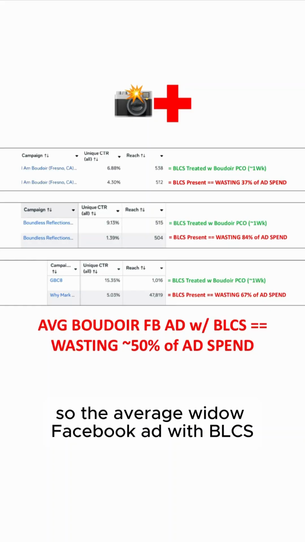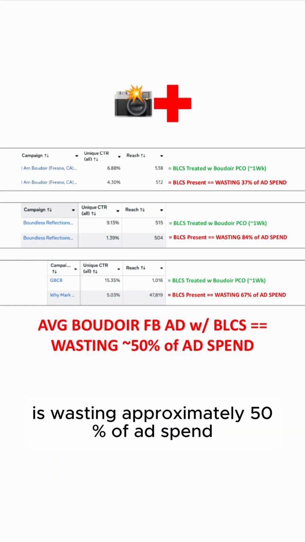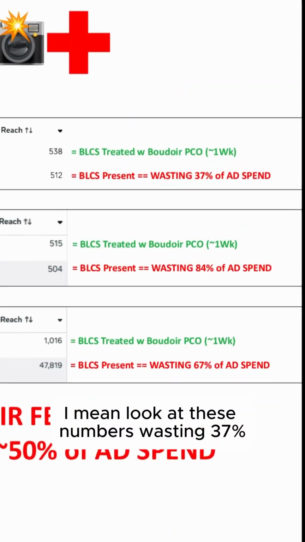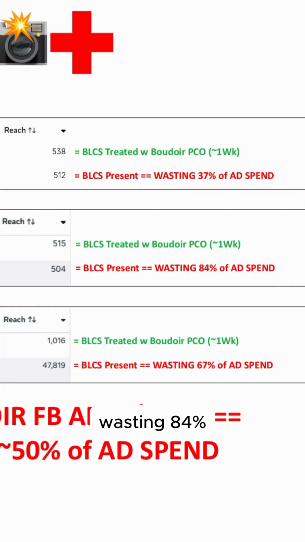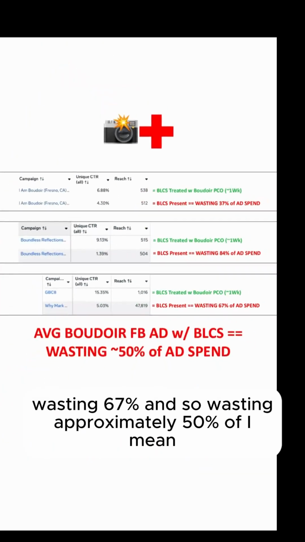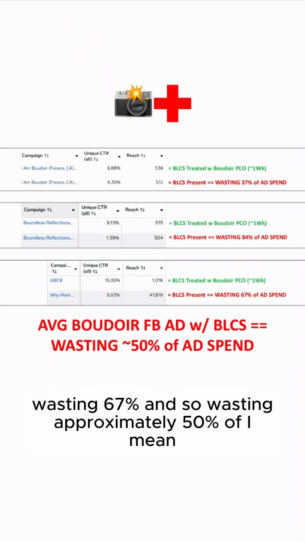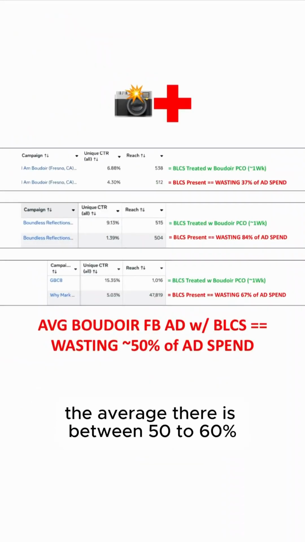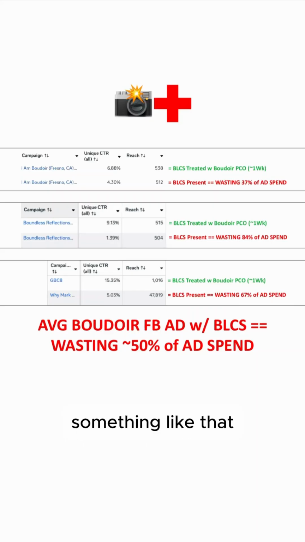So the average Boudoir Facebook ad with BLCS is wasting approximately 50% of ad spend. I mean, look at these numbers: wasting 37%, wasting 84%, wasting 67%. So the average is between 50 to 60%, something like that.